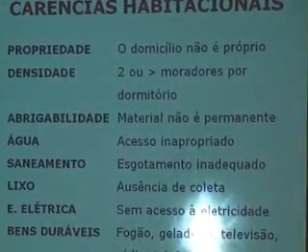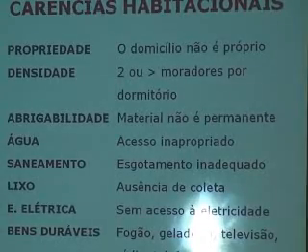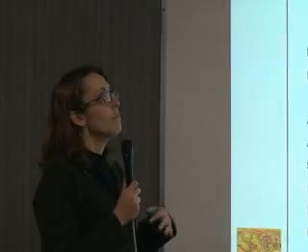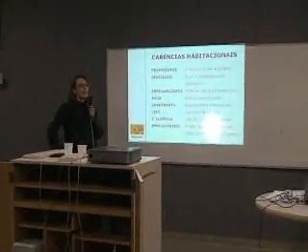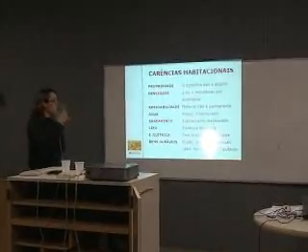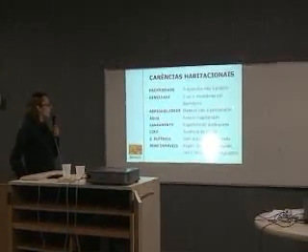So we decided to take out this variable because maybe it would overestimate our index. The second one is the density, and they choose 2 or more people for each dorm room. So we considered that, and we made a little difference that I will explain after that.